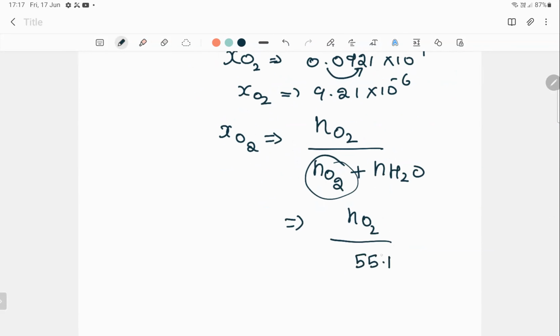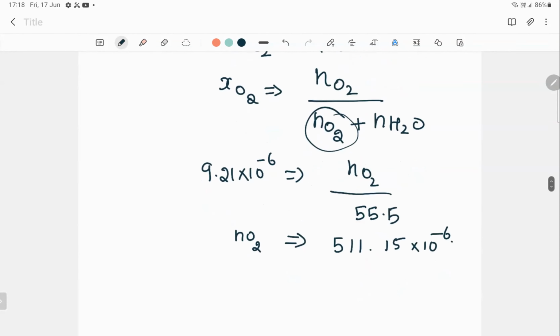Here it is 9.21 into 10 to the power minus 6. Clear? So directly you need to multiply 9.21 into 55.5, which means number of moles of oxygen is equal to 511.15 into 10 to the power minus 6.